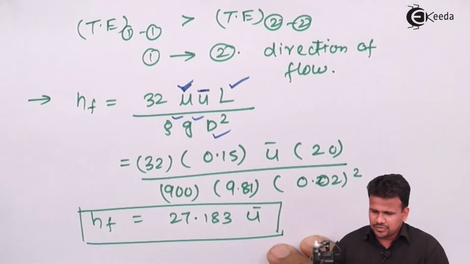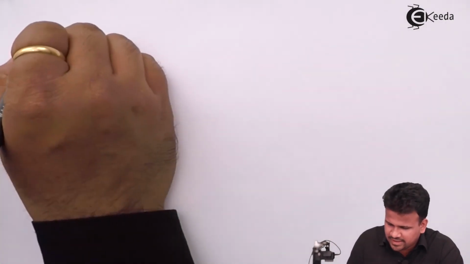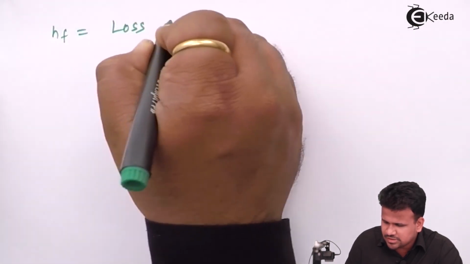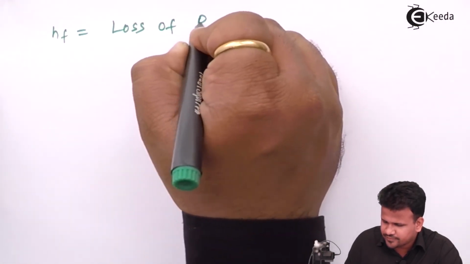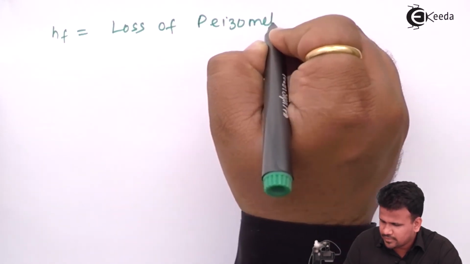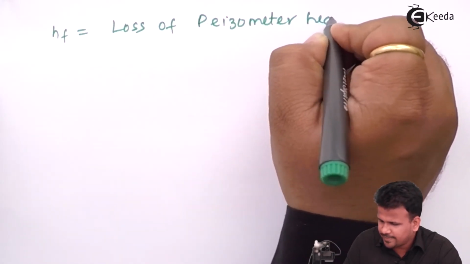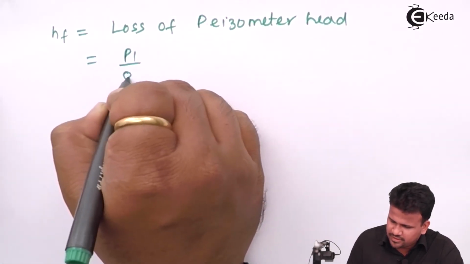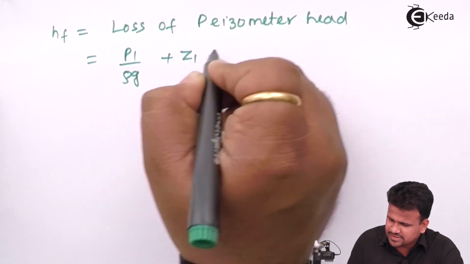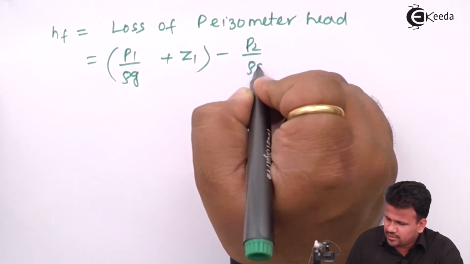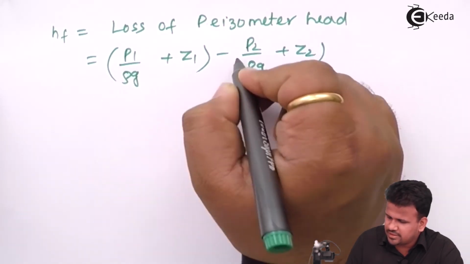Now we know the formula of piezometric head. The loss of piezometric head, HF, will be given as P1 upon rho g plus Z1 minus P2 by rho g plus Z2.